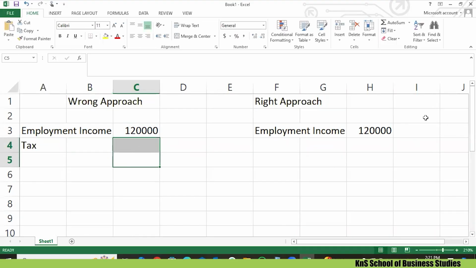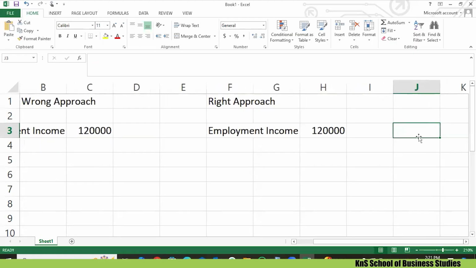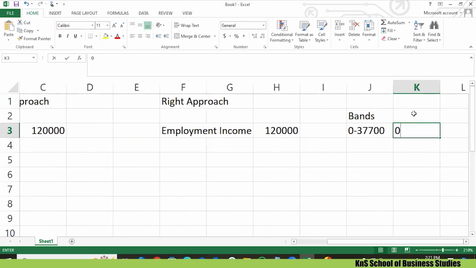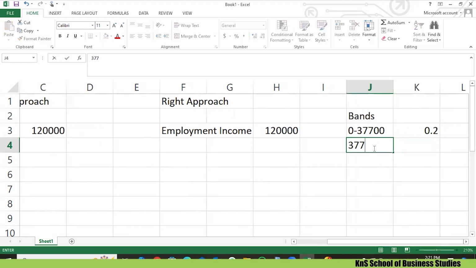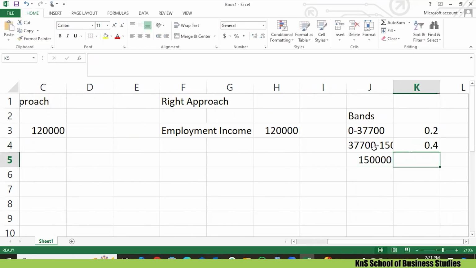The wrong approach is according to the tax bands. Let me place down the bands over here. From 0 till 37,700, it is 20%. Then the band 37,700 till 150,000, it is 40%. And with more than 150,000, this is 0.45, like 45%.